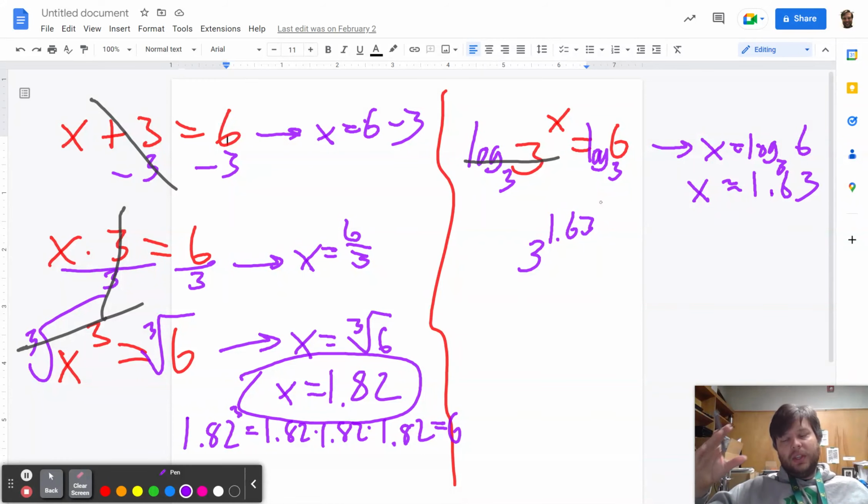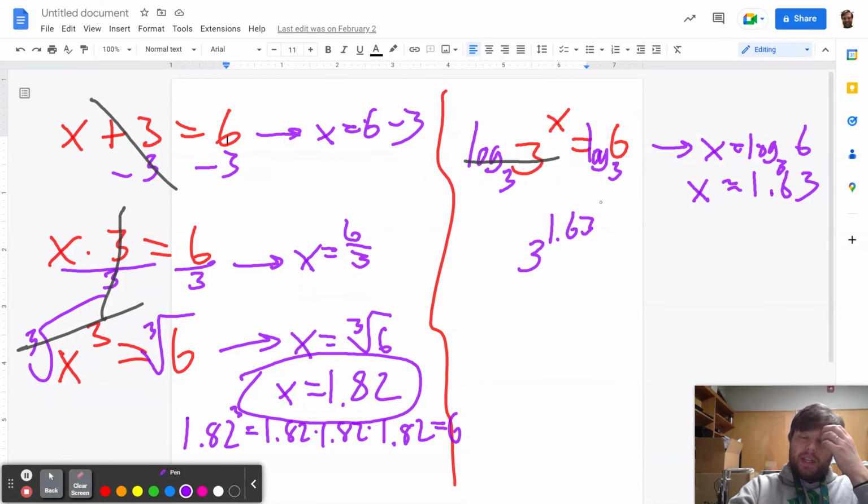It's a little confusing to say I'm multiplying 3 by itself 1.63 times. But if you remember that we talked a lot about how in-between powers, like fraction or decimal powers, you can think of them as roots going on. Whatever 1.63 is, we can represent that as a fraction. We can think about roots and we can fill in all the decimals in between. But these are different ideas, so I wanted to clarify that.